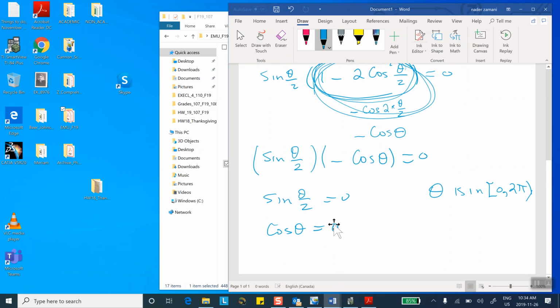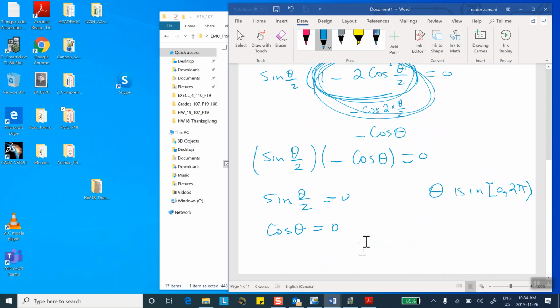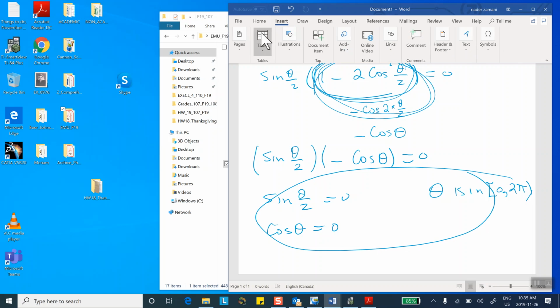So I patiently have to do these two problems. Okay? So let me clean this up. Or actually, I don't know. Can I insert a page here? Just remember, these are the things that we have to do. Okay, so insert page.